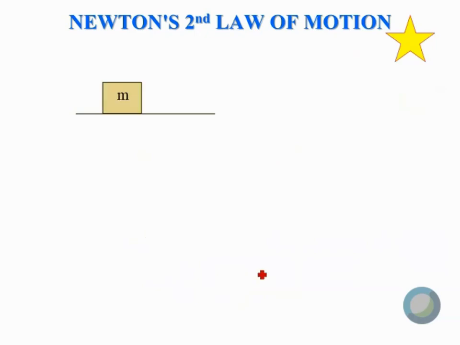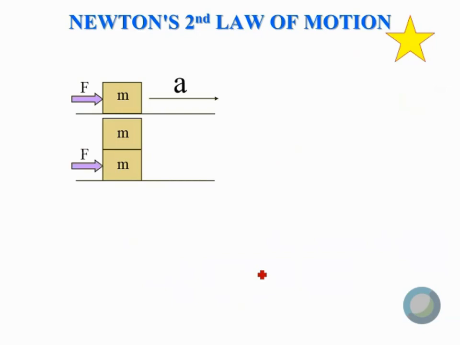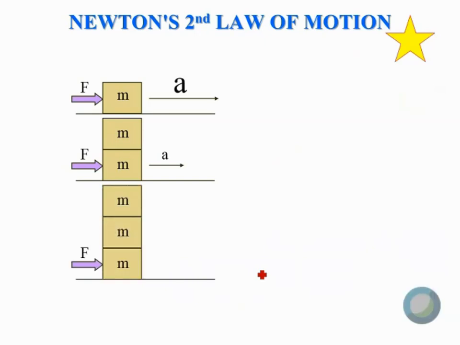Look at the experiment. We have taken one object with a mass small m, applying a force F, getting an acceleration A. If we have two bodies of the same mass, applying the same force F, we get reduced acceleration. Having three bodies of the same mass, applying the same force F, we get still reduced acceleration.